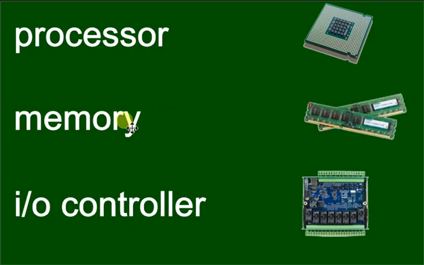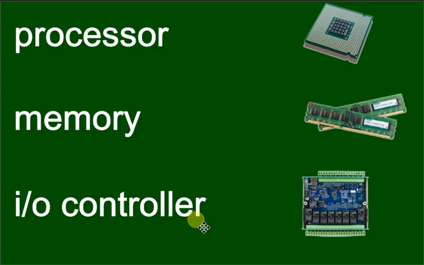The memory is where we store things, and then the input and output controller controls what comes in and what goes out from our computer system. So these are the basic internal components, and that's what we're trying to think of. Okay, so basic internal components, and they are these three. And we often talk about something called a three-box model, with the processor, memory, and the input and output controller. Any computer system you can boil down to this.